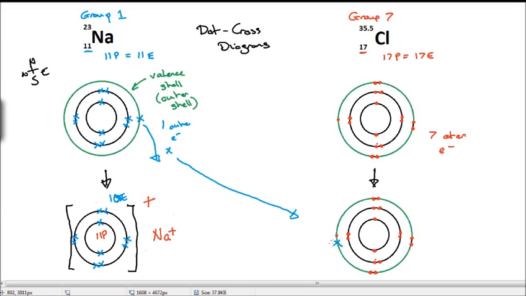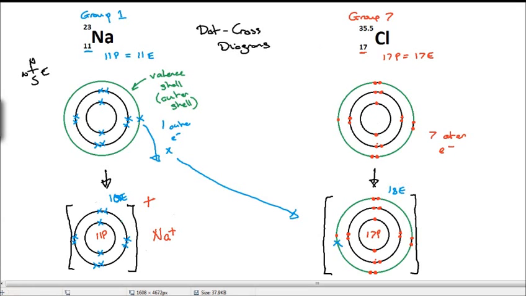This is the importance of dot cross diagrams, because this X here shows me that the electron has come from the sodium atom. That's why we do that. We represent it the same way, putting it into square brackets to show that it is an ion. Chlorine has 17 protons in the nucleus, because the number of protons hasn't changed, but it now has 18 electrons.